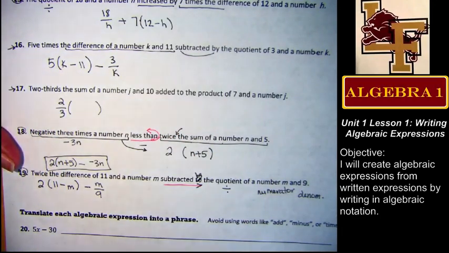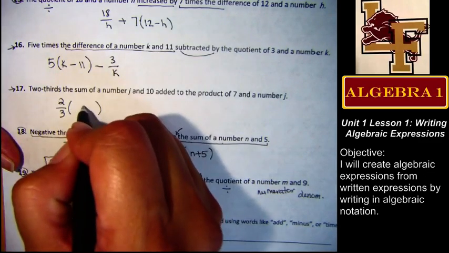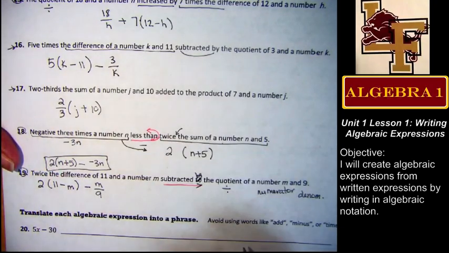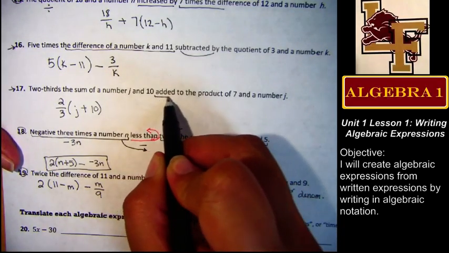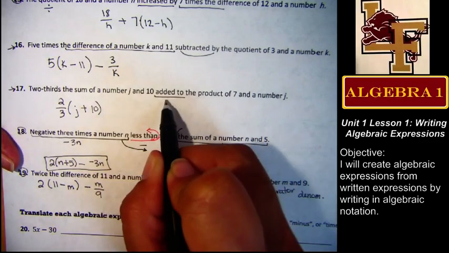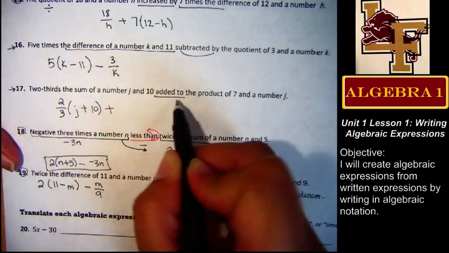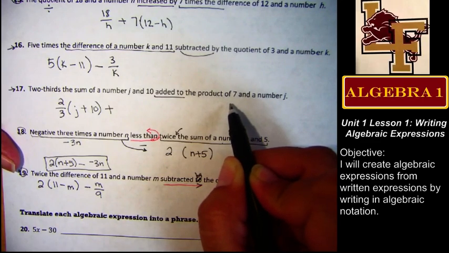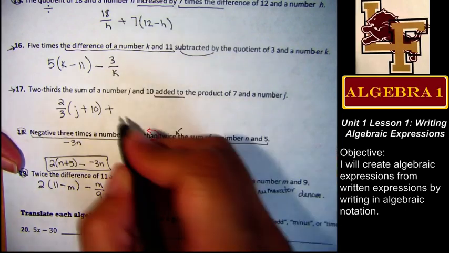What's happening inside the grouping symbol? Addition, and what 2 things am I adding? Beautiful. What's happening after the grouping symbol? Adding, added to. And then after that is a multiplication. What am I multiplying together? 7j.